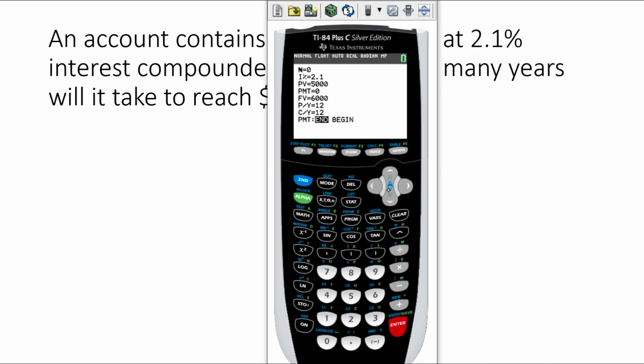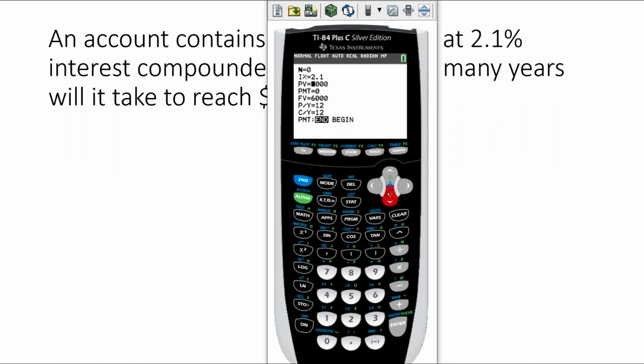So notice what I have here is that both the present value and the future value are positive. Now, when the present value is positive, that means you start off by getting $5,000, not putting $5,000 into an account. So in many of our examples, if the present value is a positive number, that is a loan.